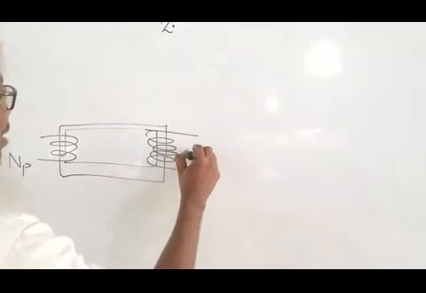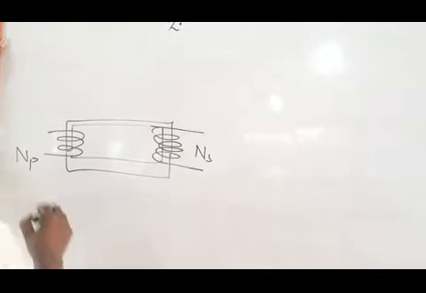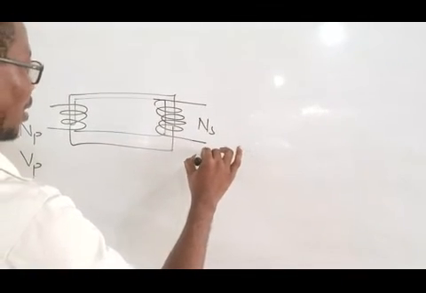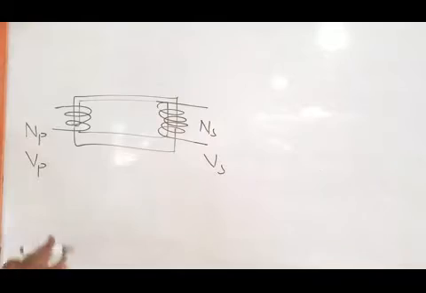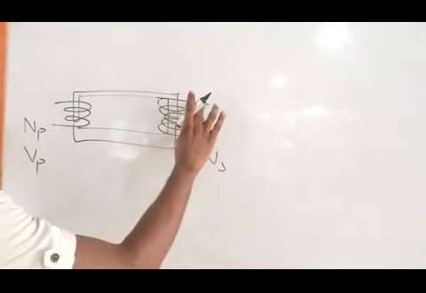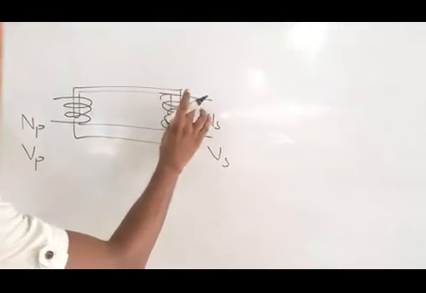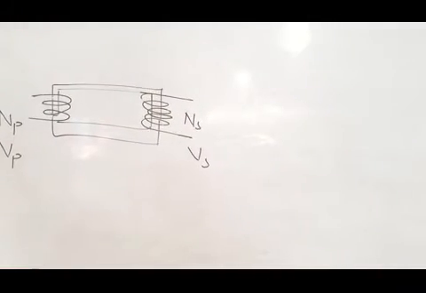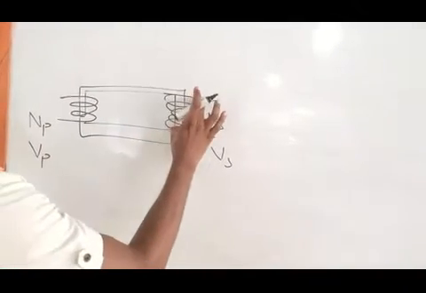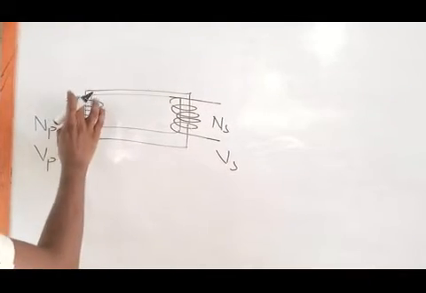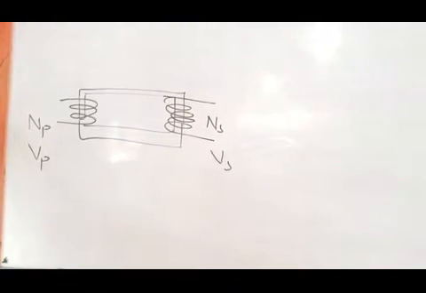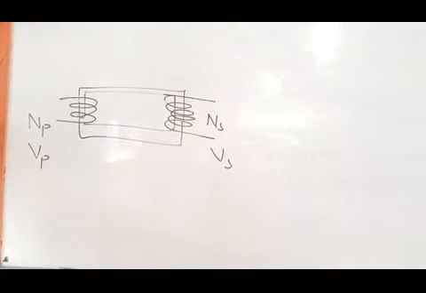The number of turns here is the NS. The voltage here is the VP, and the voltage here is the VS. This is a step up, so the number of turns here is higher than here. I'm saying that the number of turns is proportional to the voltage. So if the number of turns in the secondary is higher than the number of turns in the primary, it means that the voltage in the secondary is also higher than the voltage in the primary.